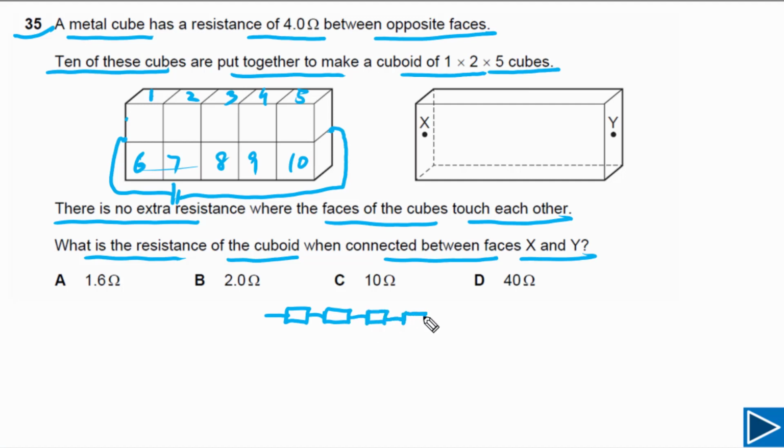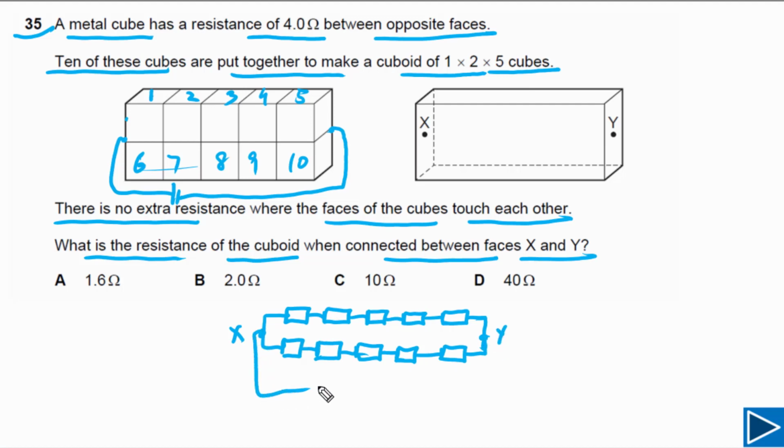In the first row, we have 5 resistors connected in series, and in the second row, we also have 5 resistors connected in series. So this is how we can redraw the circuit. This is our point X and this is our point Y. Between X and Y, a power supply is connected. Now each cube has a resistance equal to 4 ohms.